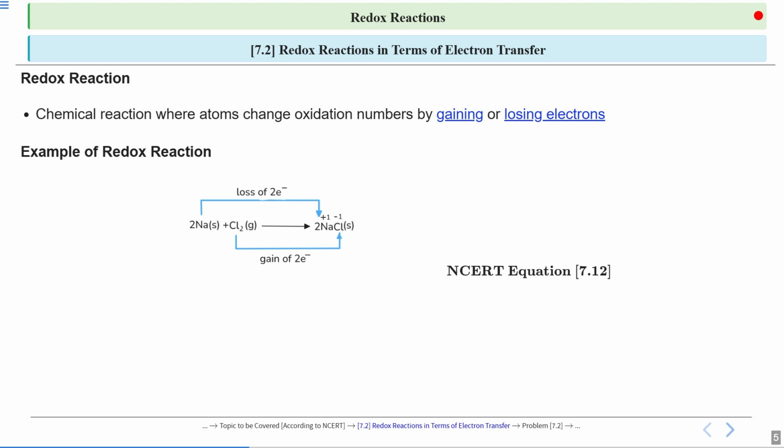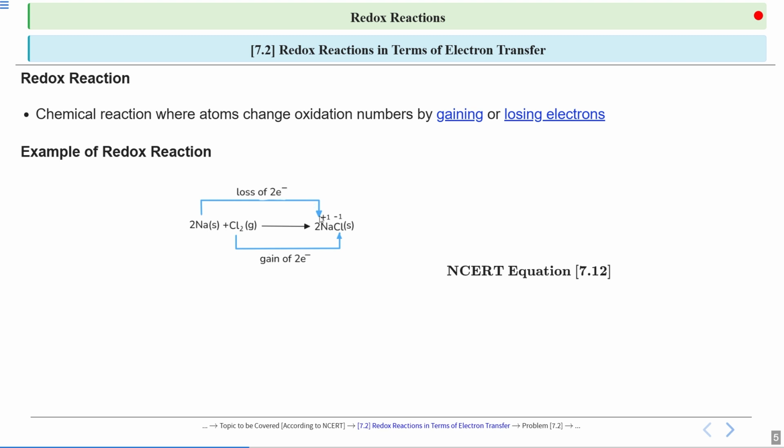Here Na is reacted with chlorine, in which Na has an oxidation state of 0, and the oxidation number of Cl2 is 0. Then in the product NaCl, the oxidation number of sodium is +1, while the oxidation number of Cl is -1.